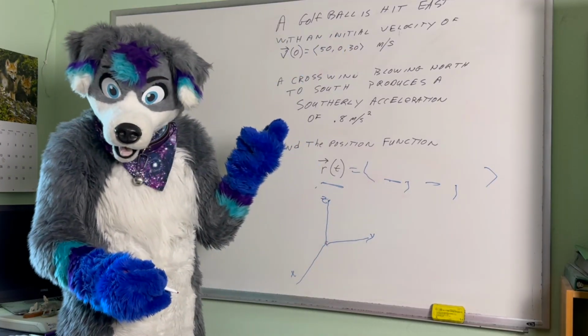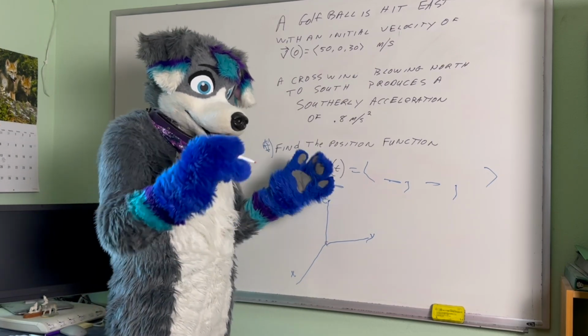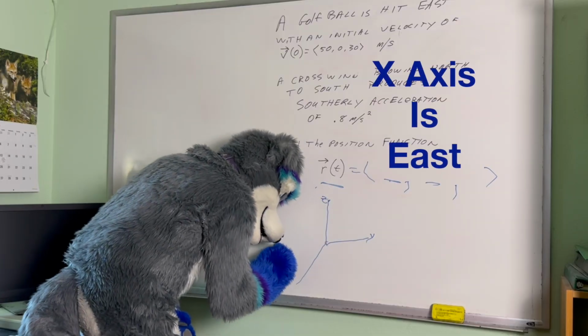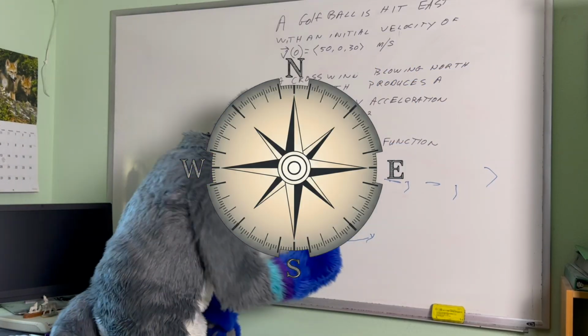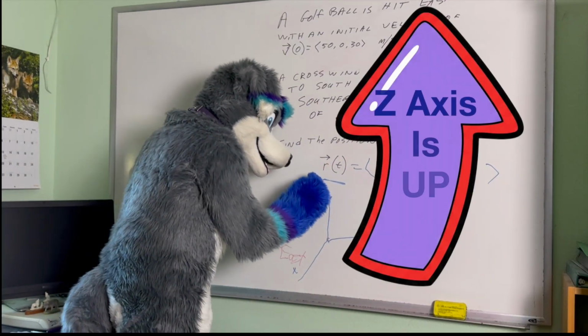Oh, well, now we have to pick which way's east. You can pick whichever direction you want. You just need to make sure you're consistent throughout the whole problem. And let's just say the x-axis is east, and that means that the y-axis must be north. And then, of course, the z-axis is up.